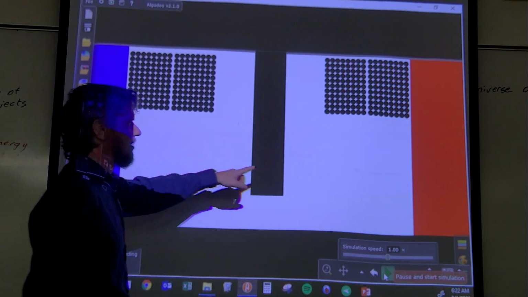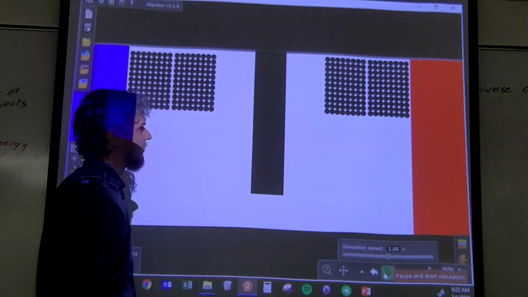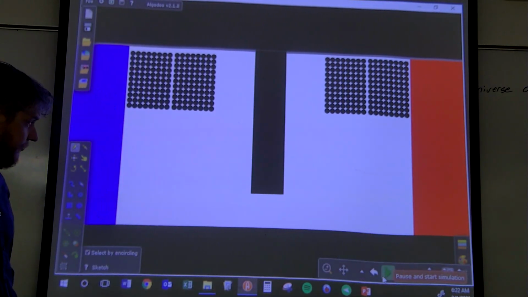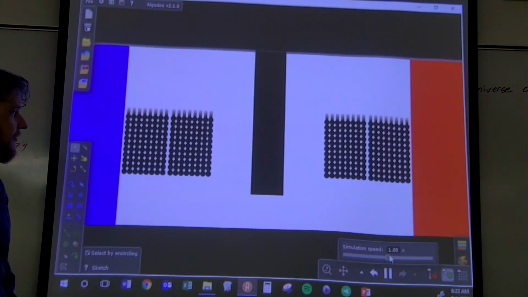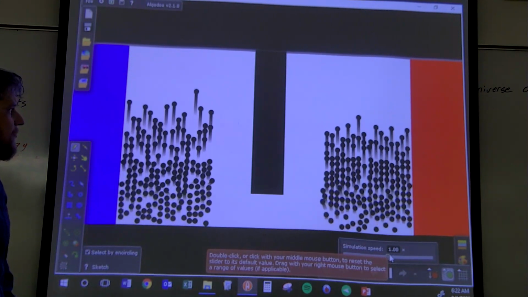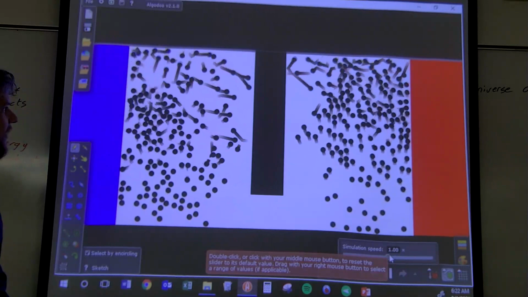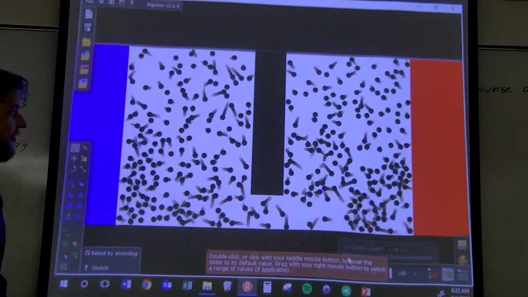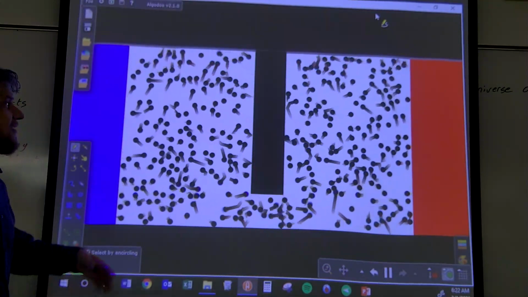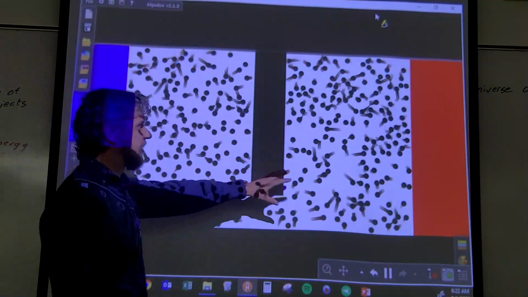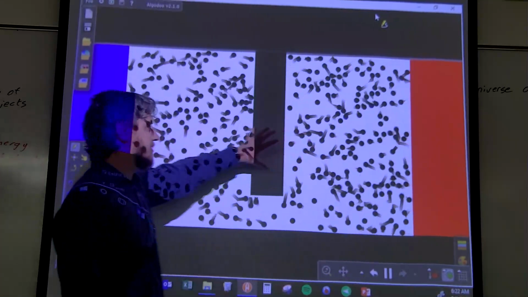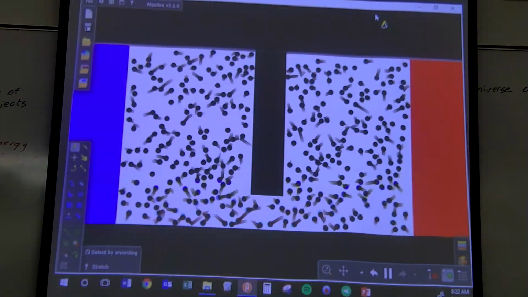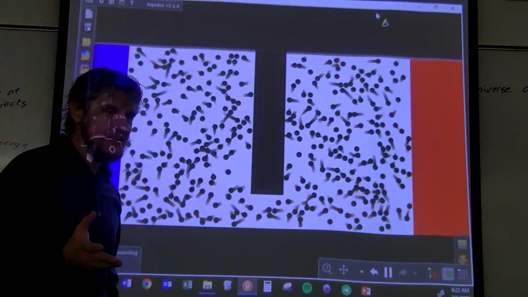I know this is blue and this is red, but everything's the same temperature to start with. The atoms and molecules start bouncing around, and then eventually they become much more disordered than they were to start. And because of the statistical nature here, I always expect approximately the same number of particles here as I do here.